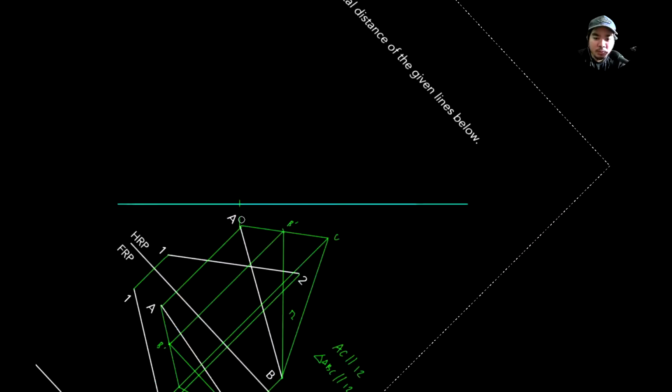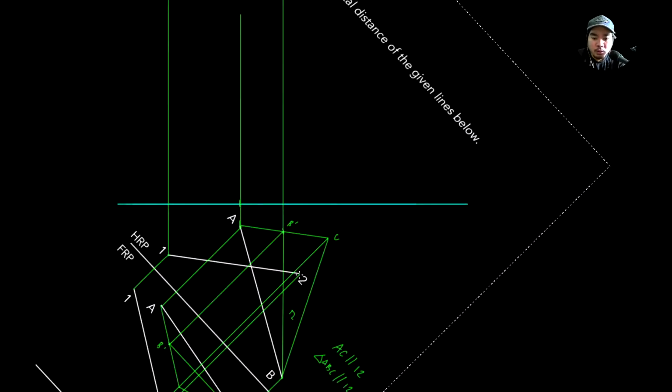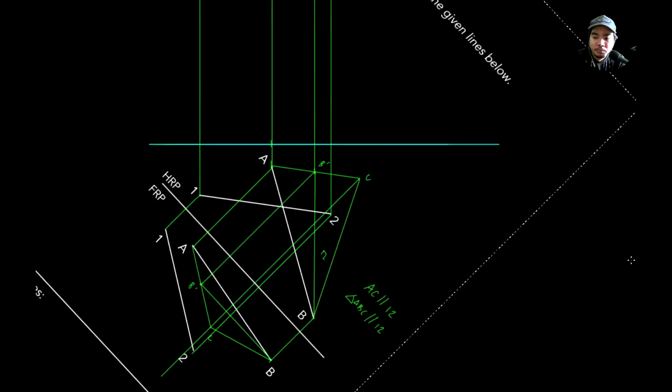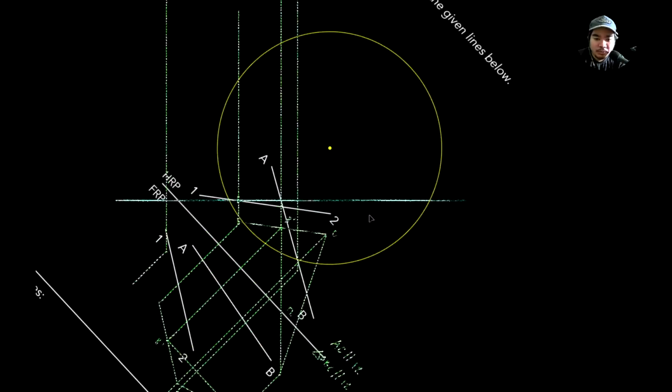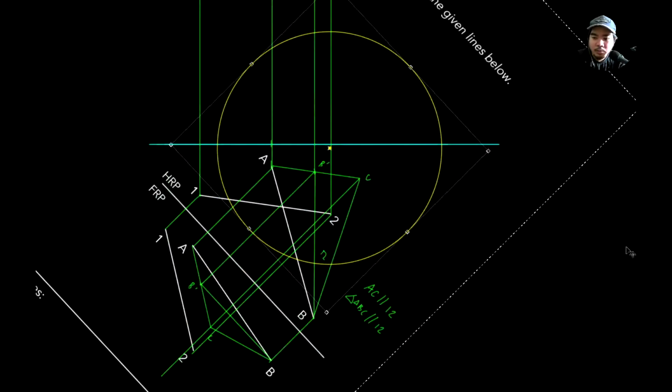Para mahanap yung view na to, yung ARP view na to. So pwedeng hanggang B lang yung projection natin, no? It's 1, 2. Ito. So I hope nasusundan niyo pa. Pass natin.